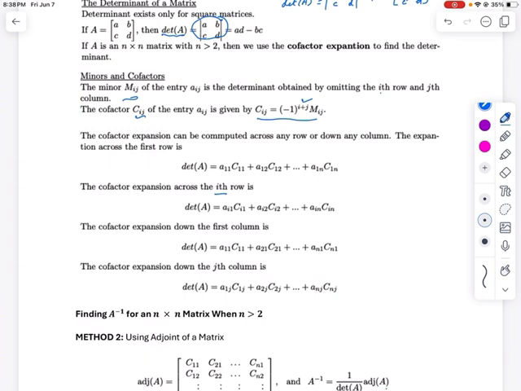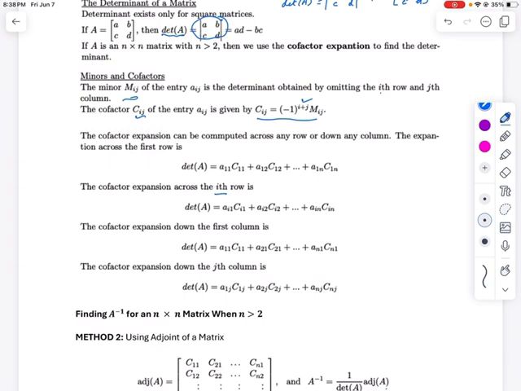You take the first entry of that row and multiply it by its corresponding cofactor, plus the second entry of the row multiplied by its corresponding cofactor, and so on until we get the last term of the row and multiply it by its cofactor. Similarly, it works with the columns.